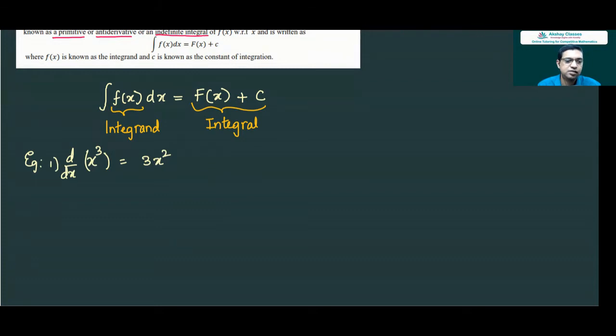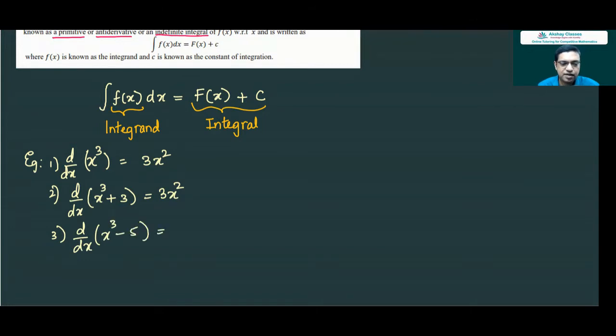Now the derivative of x cube plus 3 is also 3x square plus 0. The derivative of x cube minus 5 is also 3x square.